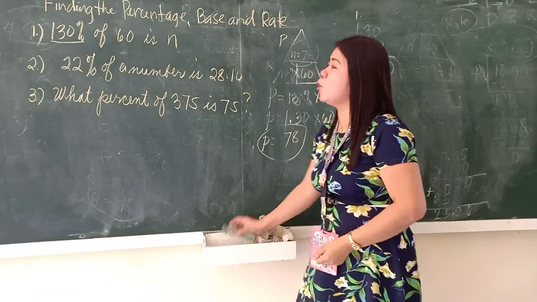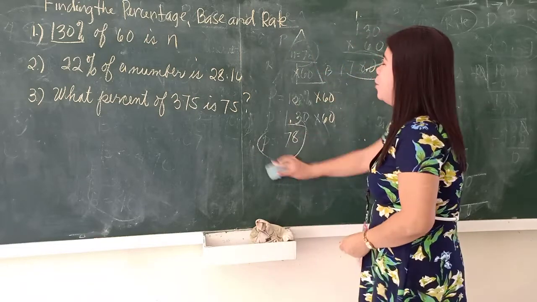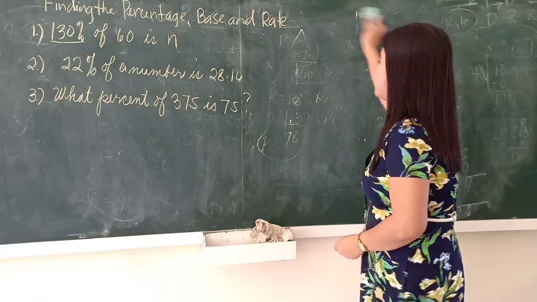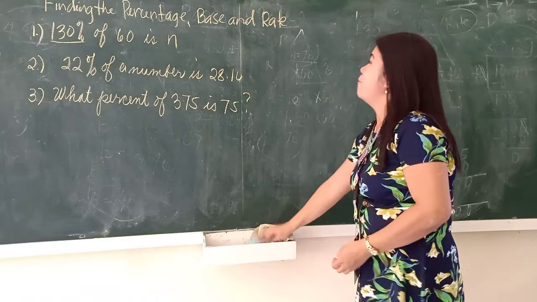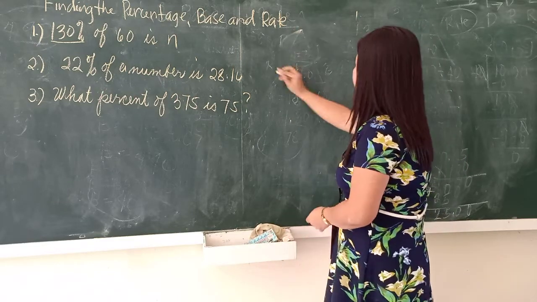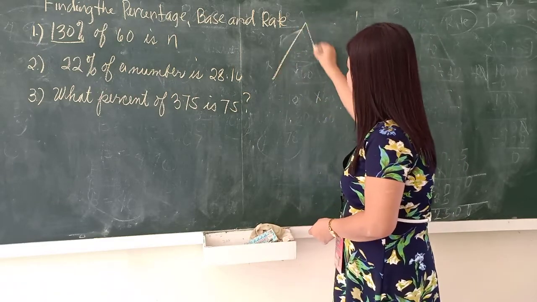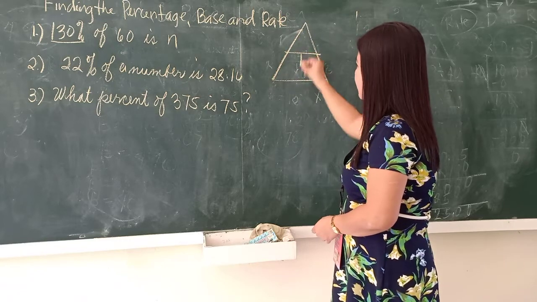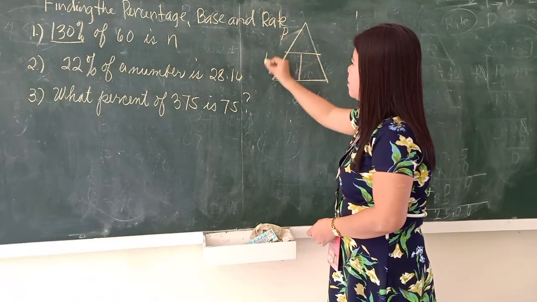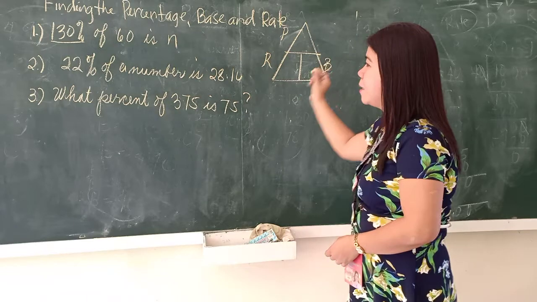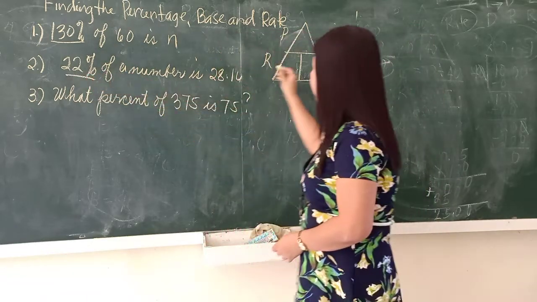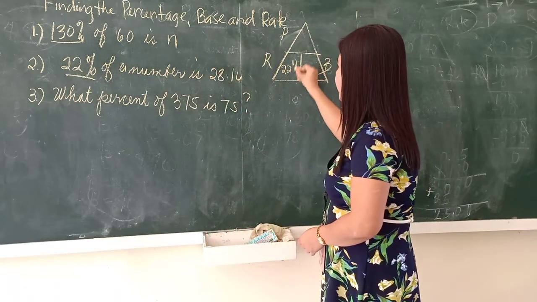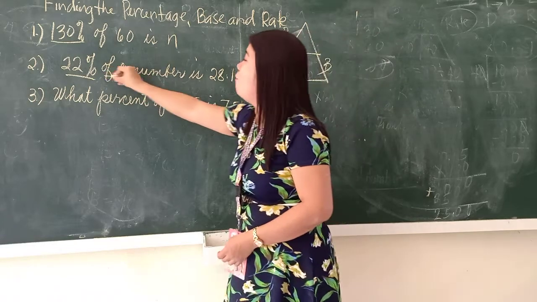Okay, 22% of a number is 28 and 16 hundredths. First step again, Tetran's triangle. Okay, percentage, rate, and base. 22% is a rate. So, 22%. Of a number.